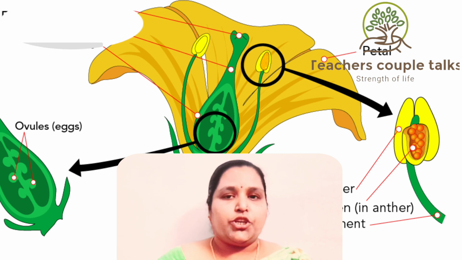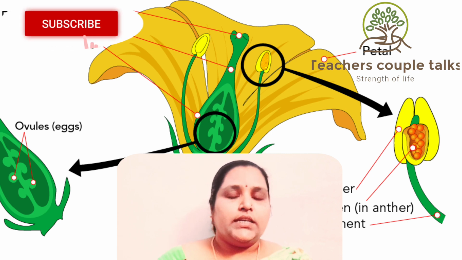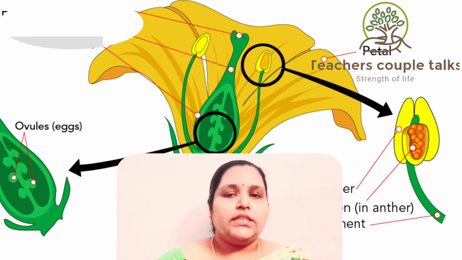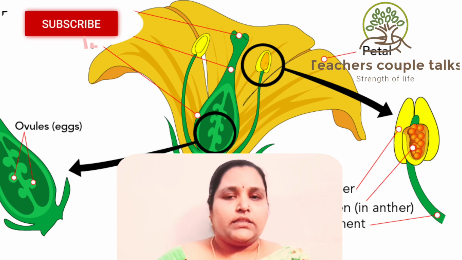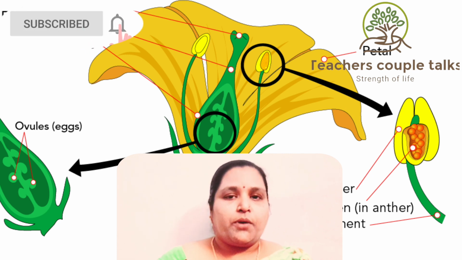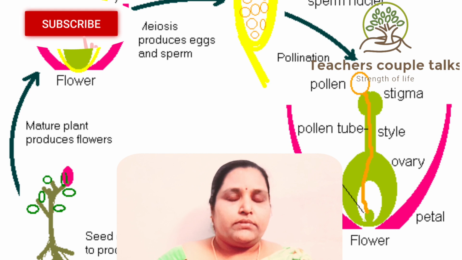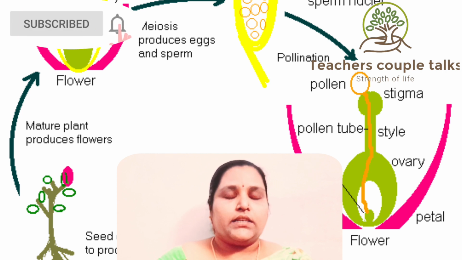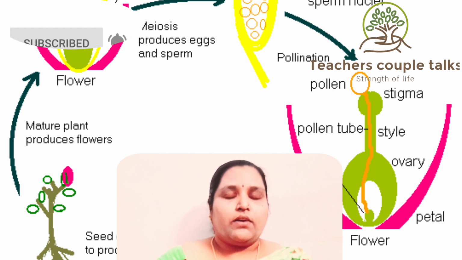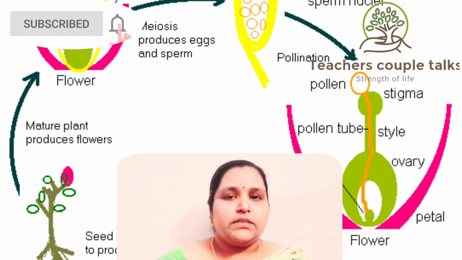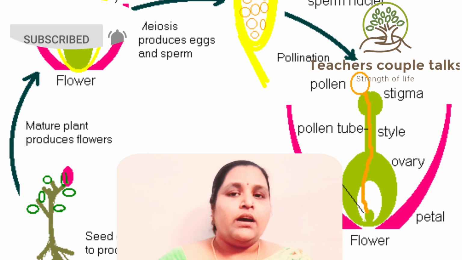What is androecium? Androecium is the male reproductive sexual part of the plant. The third whorl of the floral part is androecium. This androecium is present in the form of a stamen with anther lobes at the edge.